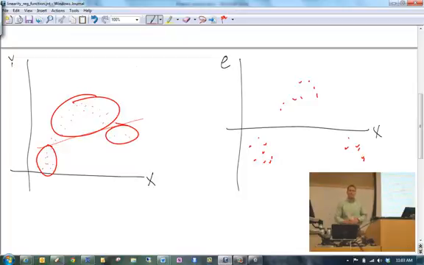Right? Obviously, we have a problem with the linearity of x in this particular model. Instead, a better model would be something that looks like that. So the linearity assumption is violated here.